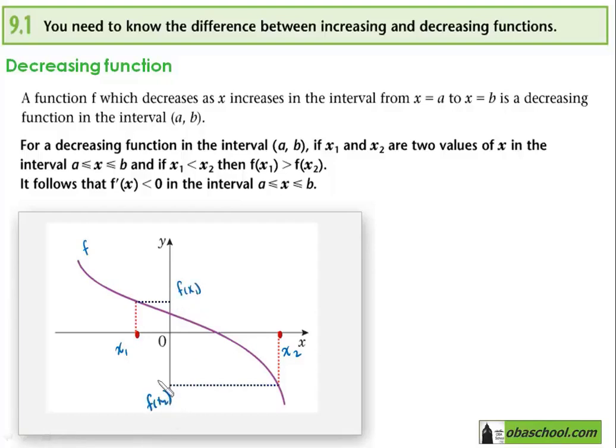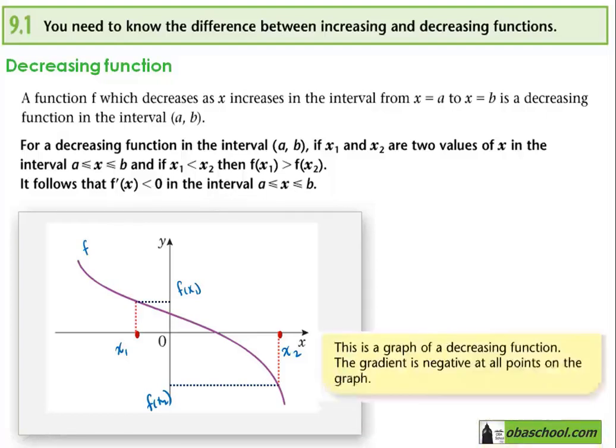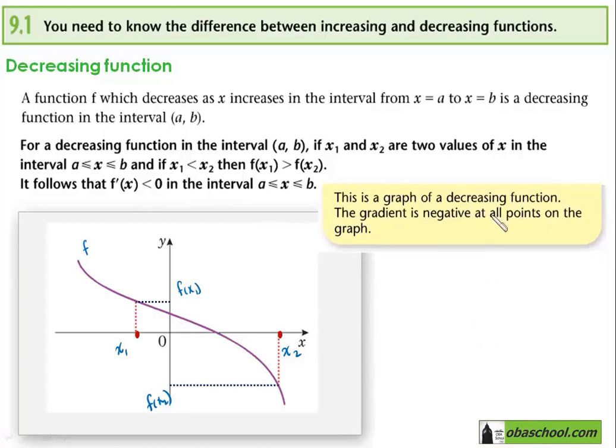As you can see, f of x1 is greater than f of x2 even though x1 is less than x2. It follows that f prime of x is less than 0 in the interval x between a and b. If we differentiate this function, we will get a negative gradient. So the gradient is negative at all points on the graph. Remember, in increasing, the gradient is positive, and in decreasing, the gradient is negative.